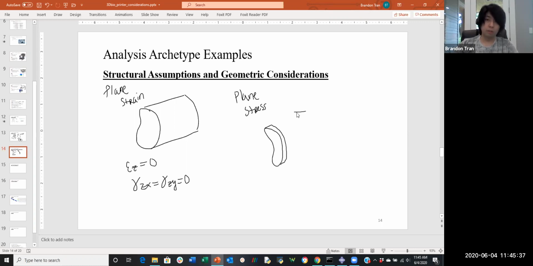So essentially you can make your out of plane stress equal to 0. And due to Hooke's law, you can basically make tau XZ equal tau ZY equal 0. So these are simplifications that will make your analysis much easier.